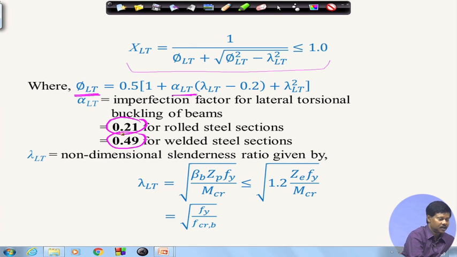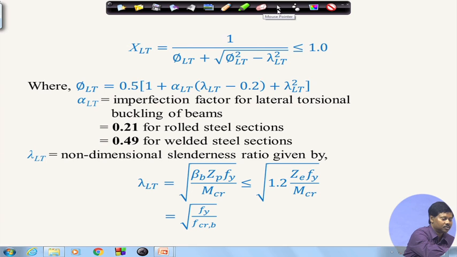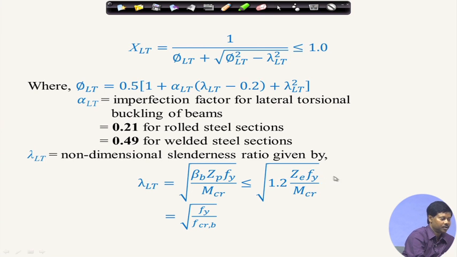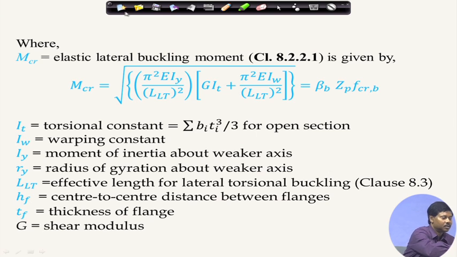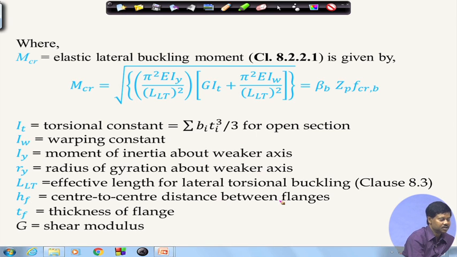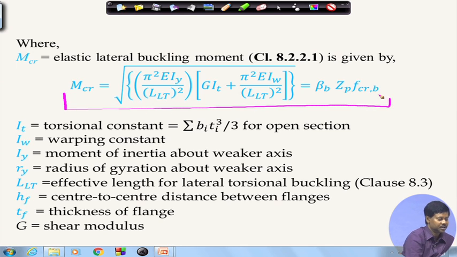The lambda LT, the non-dimensional slenderness ratio, can be calculated from this formula, where we need to know again the value of MCR. MCR is the elastic lateral torsional buckling moment, and that can be found from this expression.